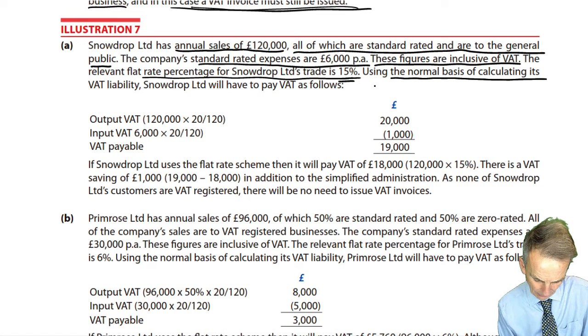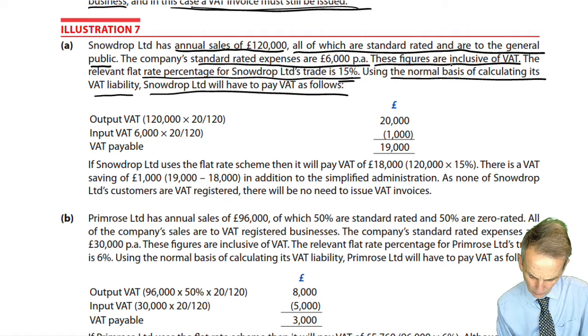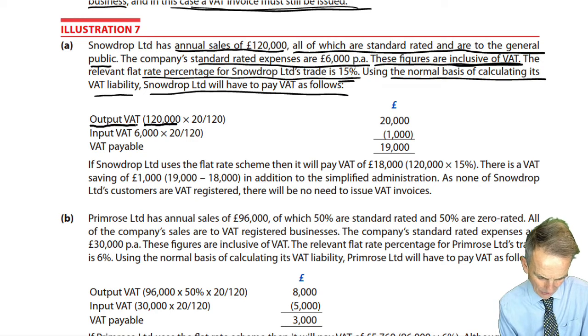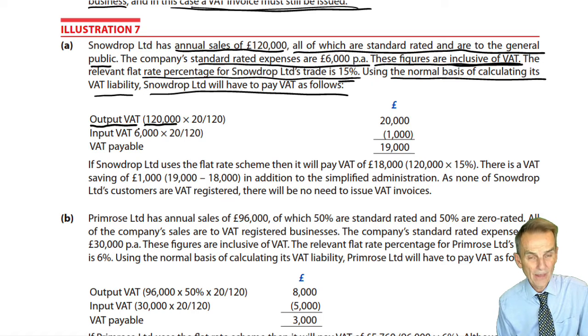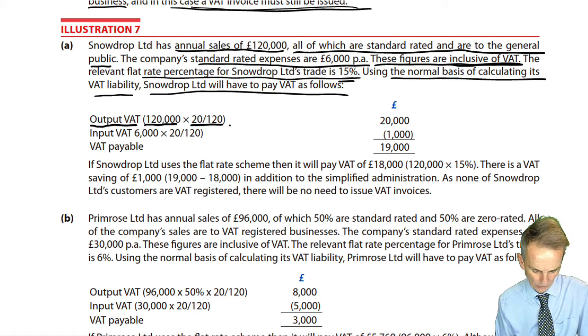Using the normal basis of calculating its VAT liability, Snowdrop will have to pay VAT as follows. Well, we're told here that all of the figures are inclusive of VAT. That figure of sales upon which we base our output VAT, they're all standard rated, is 120,000, so we take that fraction of 21/20ths, and unsurprisingly, we come to that figure of £20,000 thereon.